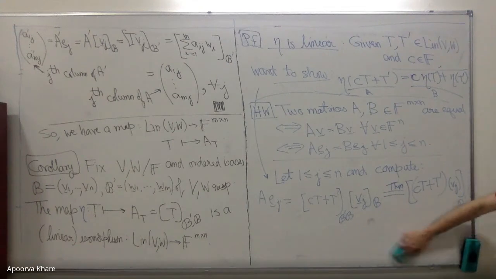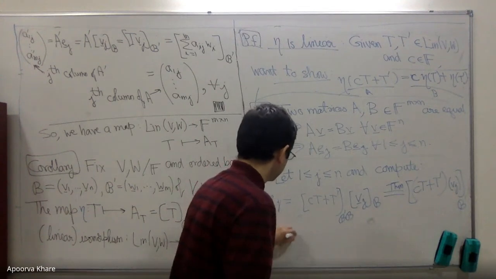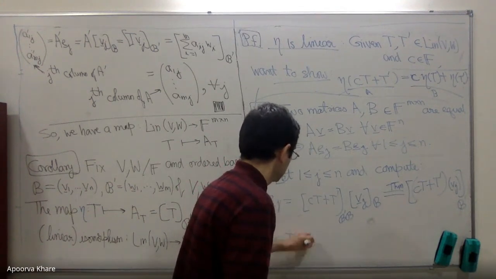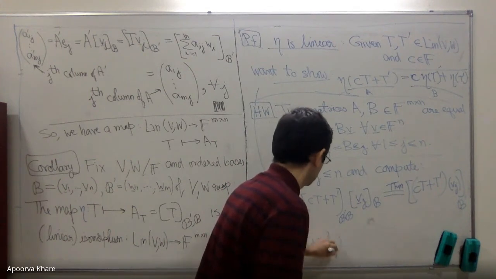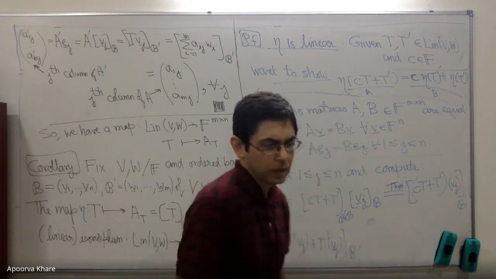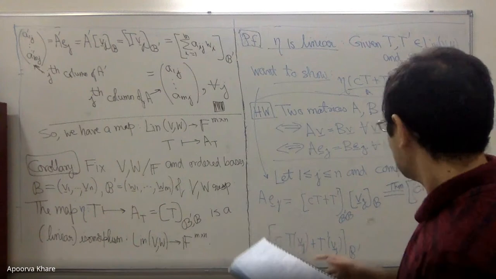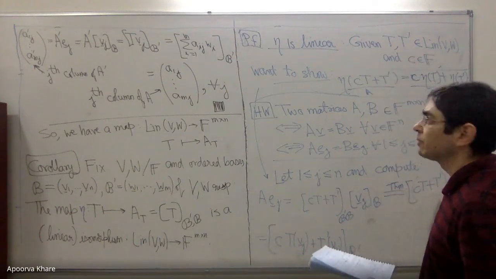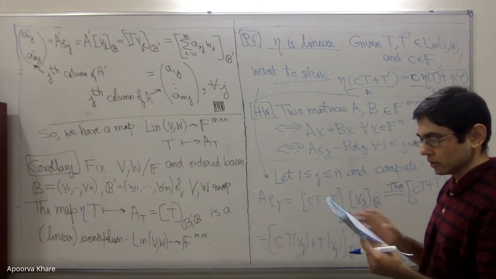And for vectors, we know that certainly addition and so on is fine. So first of all, I write this as C times T of Vj plus T prime of Vj, in b prime. And I think I said last time that the map sending a vector v to the tuple of coordinates vb is a vector space isomorphism from V to F to the n.